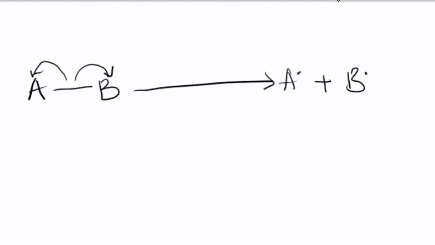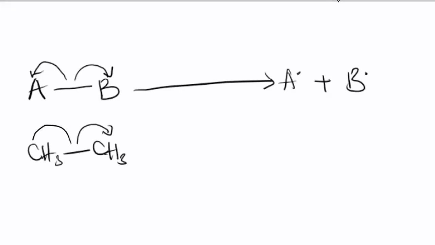So if I have this, and this is ethane, if I have a homolytic cleavage of this, part of the electron will go to this and part of it will go to this.